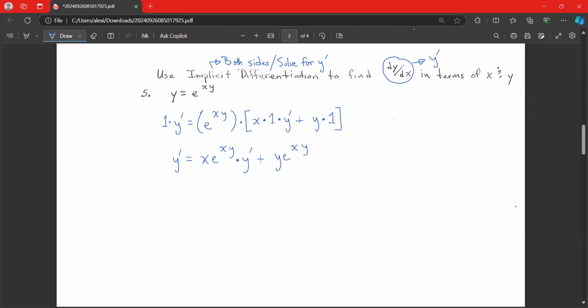Now I'm going to get my y prime terms on the same side. So I'll have y prime minus x e to the xy times y prime equals y times e to the xy. On the left side, I have two y prime terms, so I'll go ahead and factor the y prime out. And I have y prime parentheses 1 minus x e to the xy.